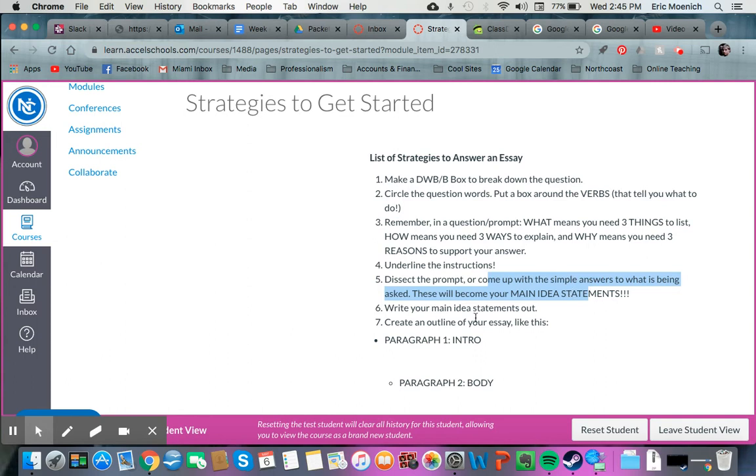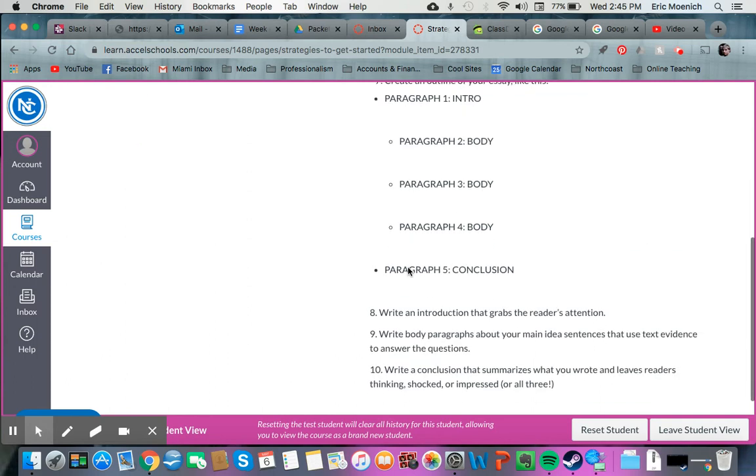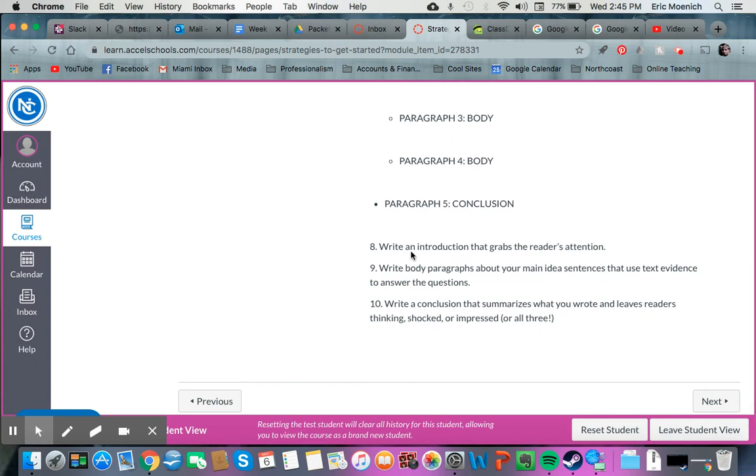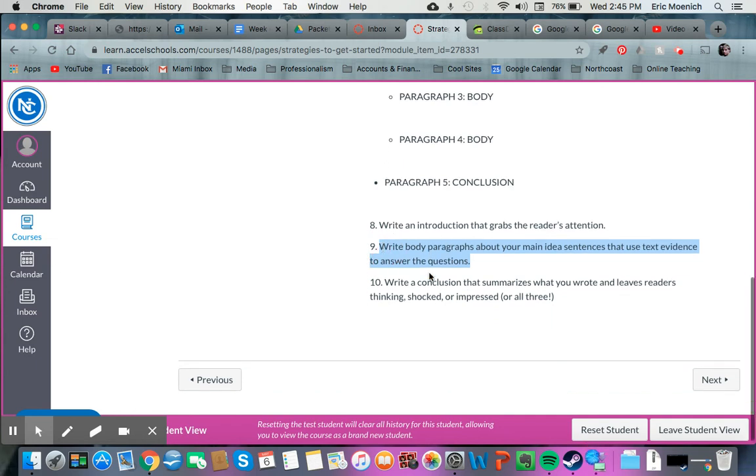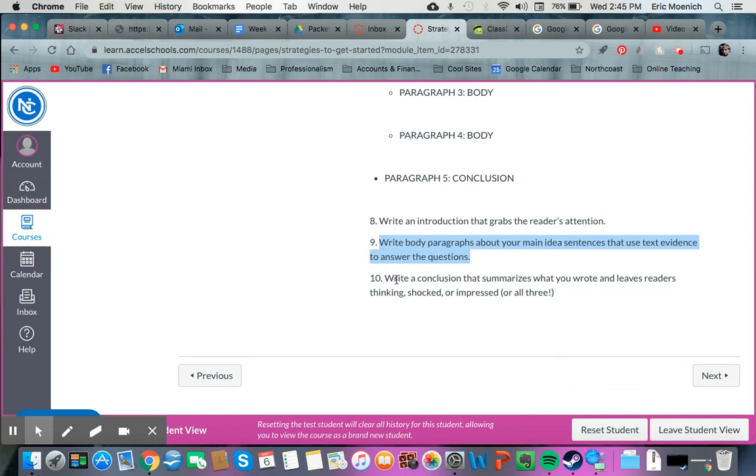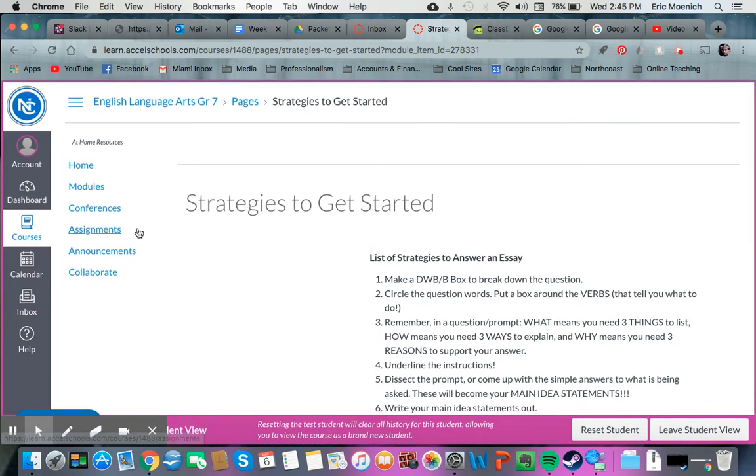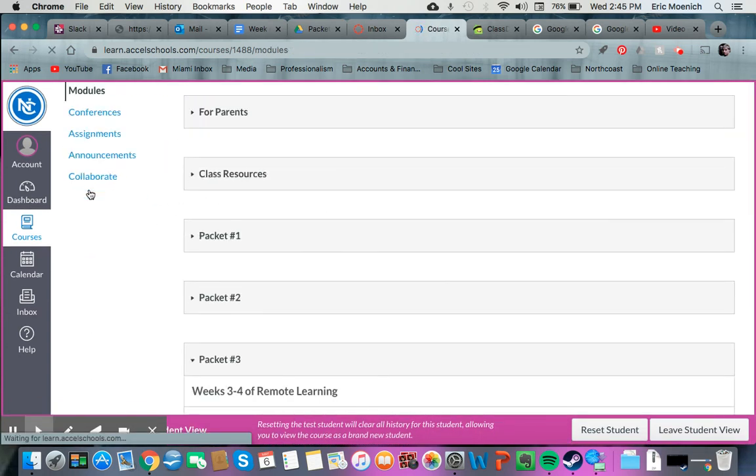You write those out and then you make the outline like we did in that last video, and then make sure that with your introduction it grabs the reader's attention, the conclusion leaves the reader impressed, and then in the middle in your body paragraphs you're using those to use details to explain your main idea sentences. So again, not going to spend a whole lot of time on that because in the last video I did explain that.